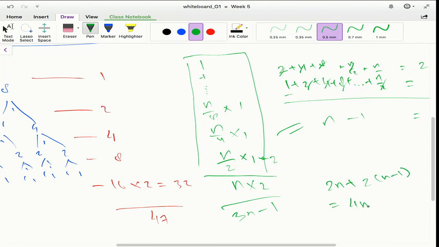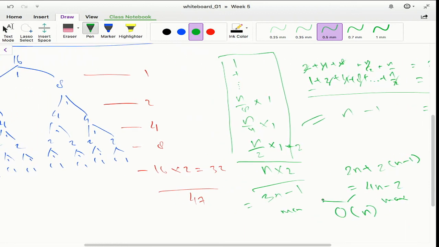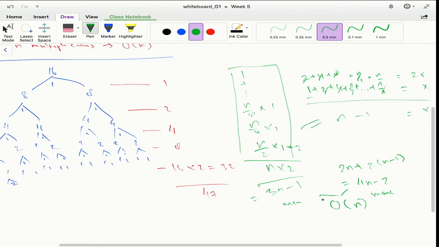So the total sum will be 4n minus 2. So the number of multiplications will be between this number and this number. This number assumes that every level is always odd, which of course is not always the case, right? So that is an overestimation. But in either case, what is the big O? It's going to be O(n). So it means that the complexity of the power 2 is still O(n).